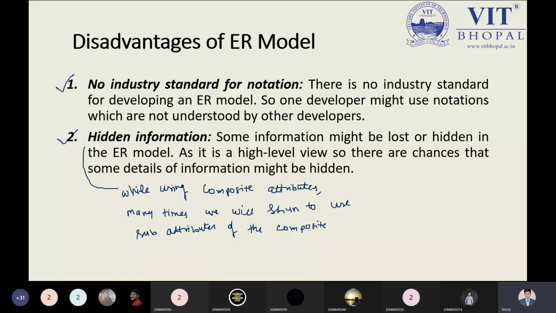Okay, we understand that if we put the address over here, then this address will keep the information like pin code, state, and so on. But while drawing the ER model, we are not using them, while while designing a database, at that time we have to use them. So there will be some partiality between designing a database and the ER model, but it should not be. This is a drawback, but it is user dependency only: the attributes of the composite attribute.